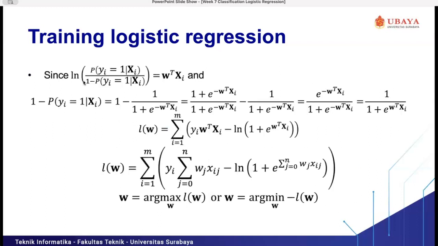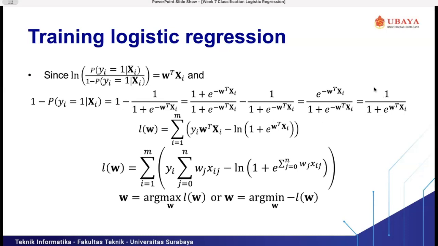Because based on the previous formula, the natural logarithm of the probability of Yi equal 1 given Xi divided by 1 minus the probability of Yi equal 1 given Xi equals W transpose Xi, and also 1 divided by 1 minus the probability of Yi equal 1 given Xi is this equation.